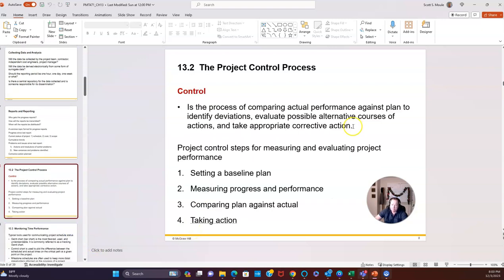Now, if you look at everything we've talked about, it's really talking about control. You've identified a project, you've identified all the deliverables, you've mapped everything out in your project network. You've determined the dependencies and the predecessors. You've estimated costs.